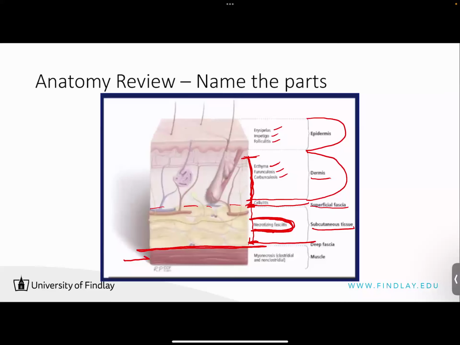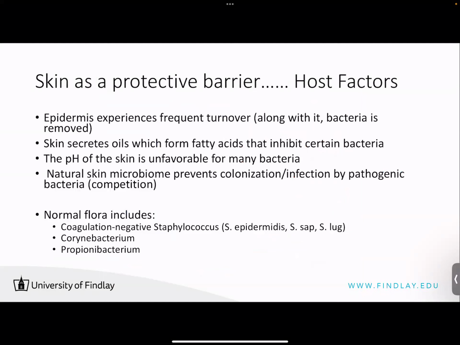And then this is where the muscle begins. And we can have something called myonecrosis occur, secondary to the presence of the wrong bacteria in the muscle. So we'll describe all these various infections and the layers that they infect. Keep in mind your epidermis is constantly turning over. So you'll turn over your outer layer of skin every month for the most part.